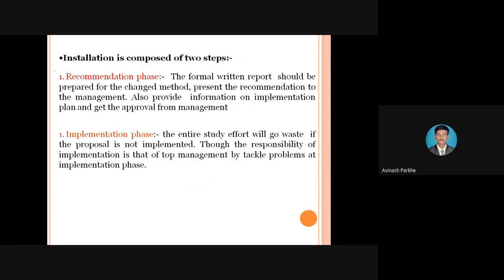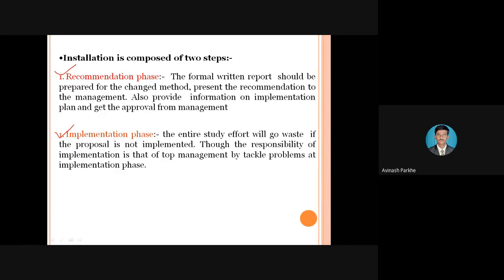One is the recommendation and another is the implementation. Recommendation means, for the new method we have developed, we have to prepare one report. That report we have to present in front of higher authority, that is, in front of management.